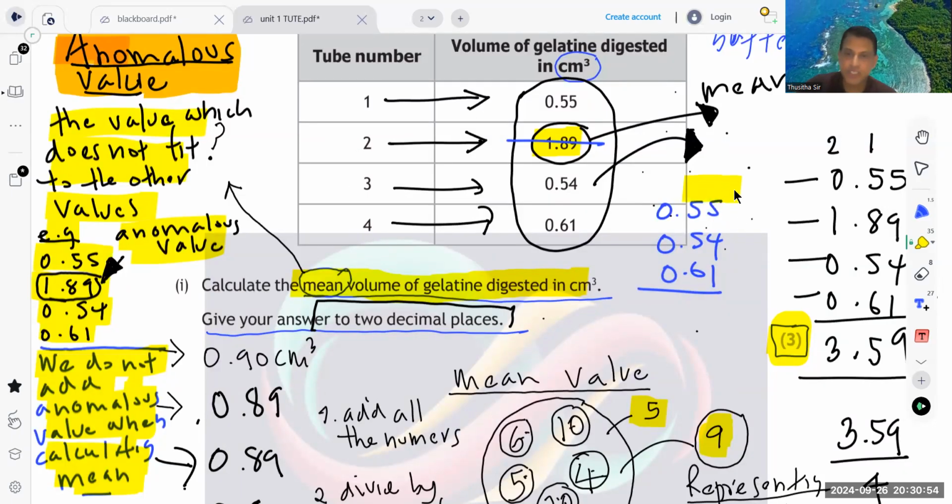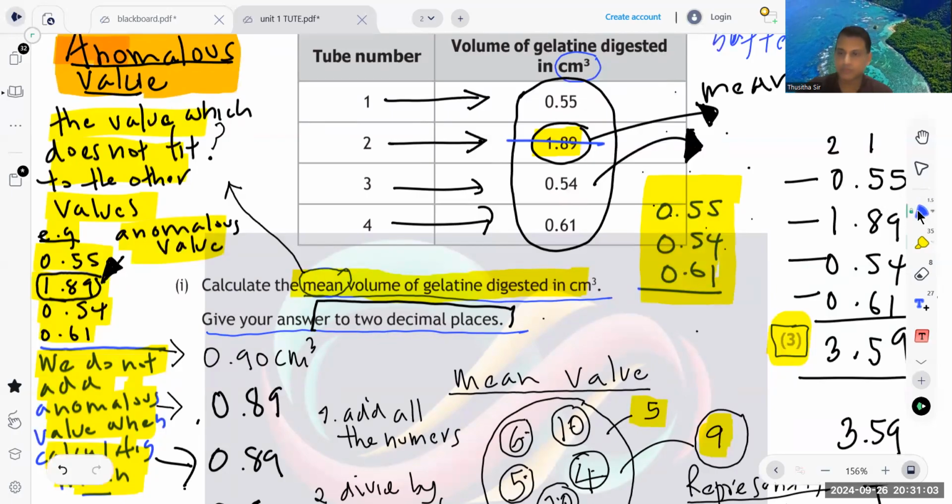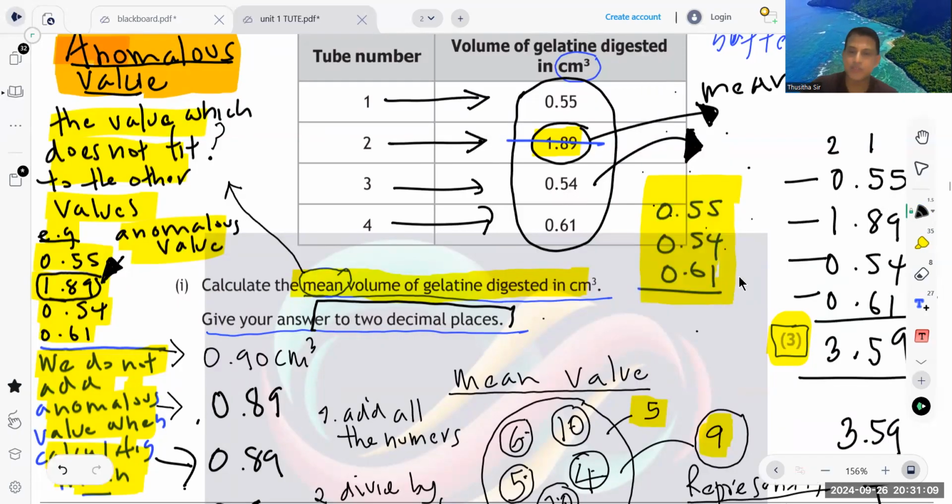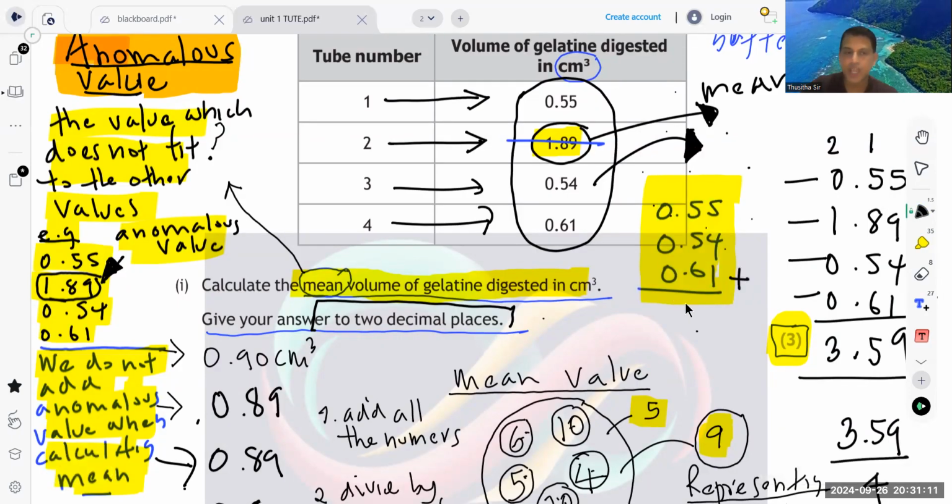Now you can use these three values to calculate the mean value. So what you have to do is add all these values and divide by 3.